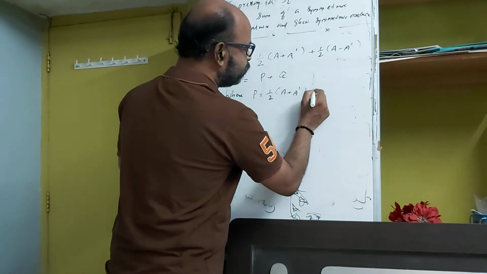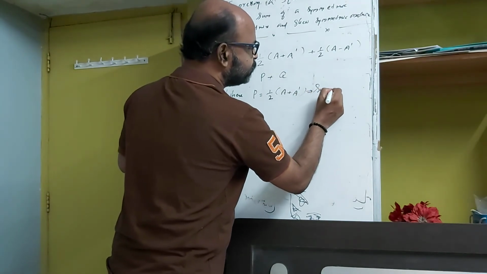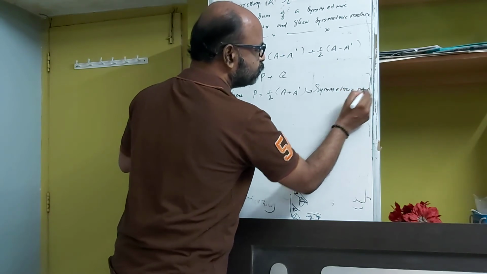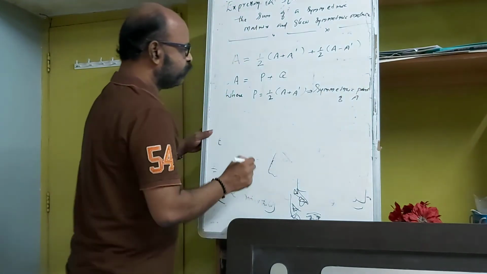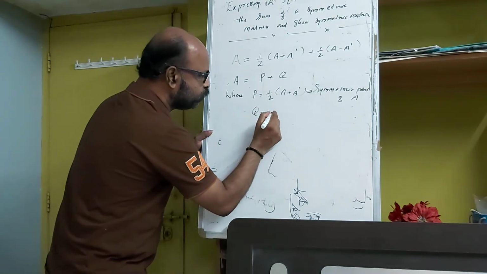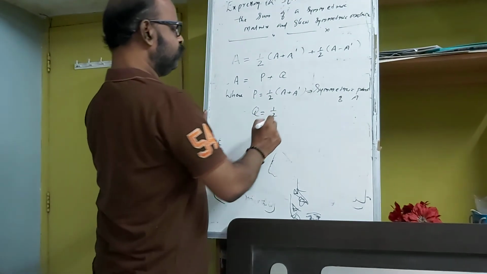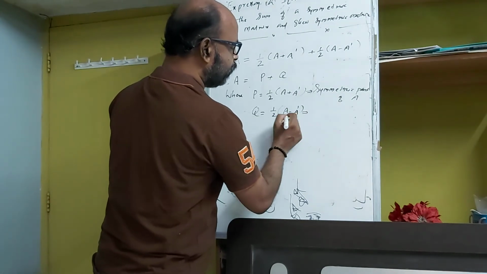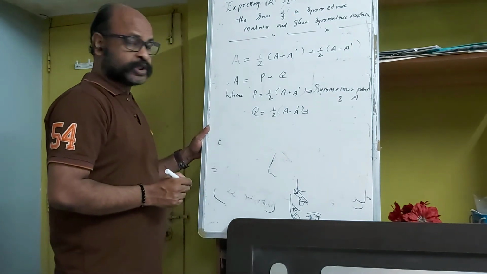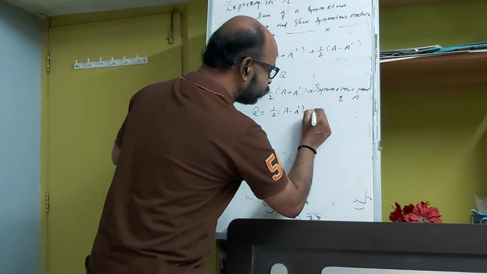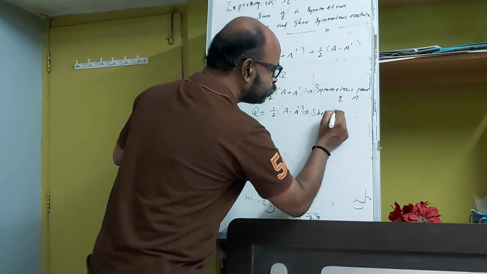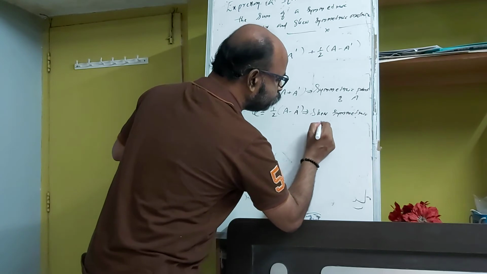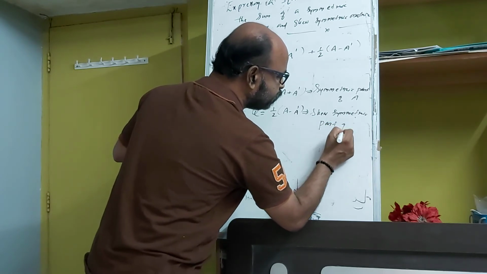This is known as the symmetric part of A. And the second matrix Q, that is half into (A minus A transpose), is known as the skew symmetric part of A.